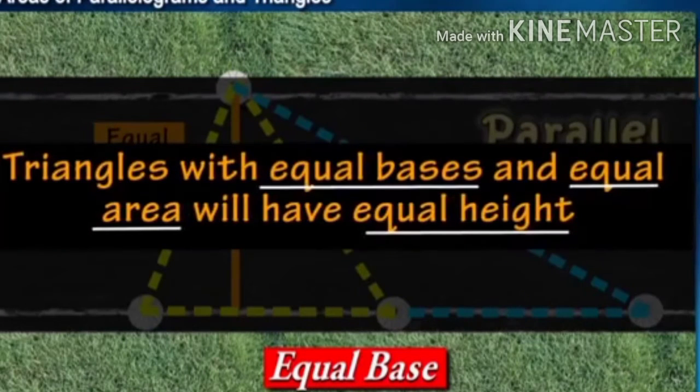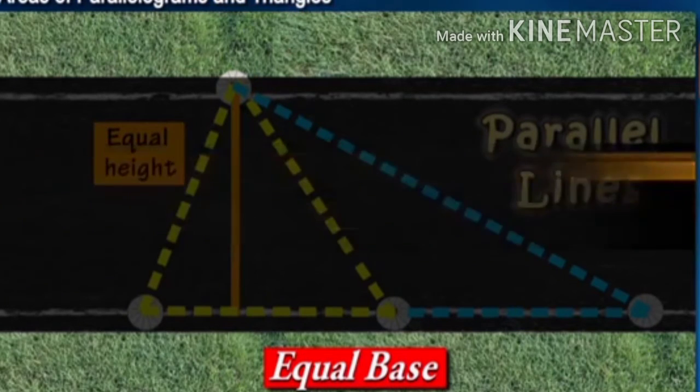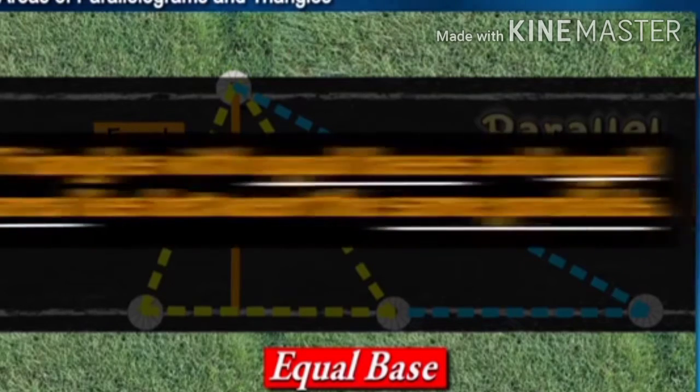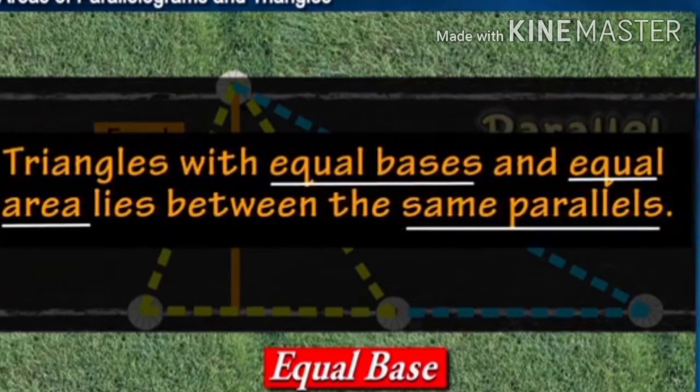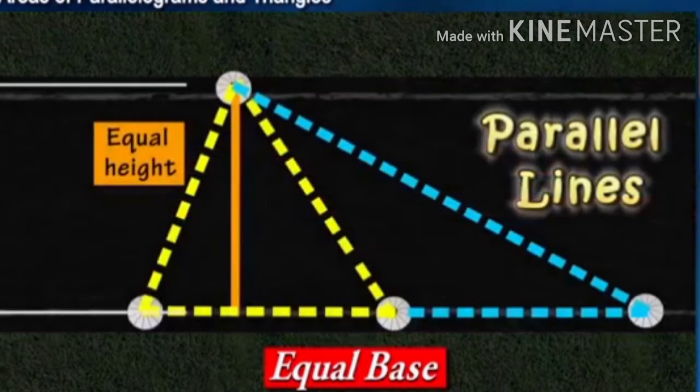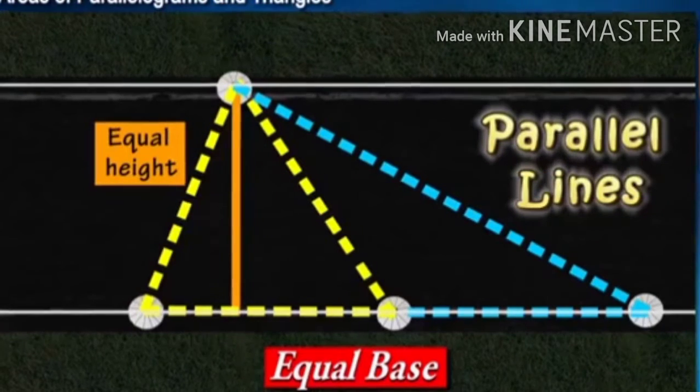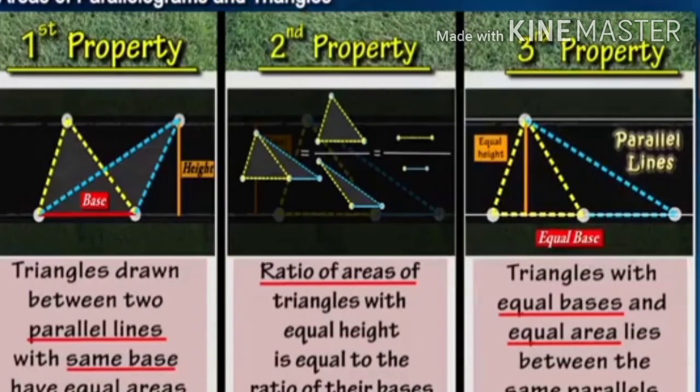It says that triangles with equal bases and equal area will have equal height, or we can say that they lie between the same parallel lines. Here we are done with the properties of triangles. Let's do a small recap before we move to the property of parallelogram.